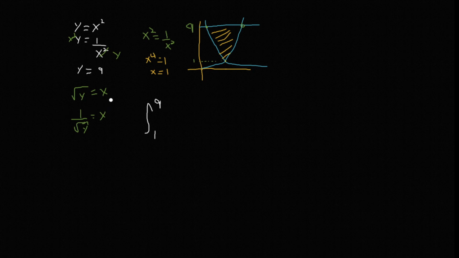Well, we have a square root function or a 1 over the square root function, and for anything above 1, the square root function is always going to be bigger. So we're going to look at the square root function. So we just have the square root of y minus 1 over the square root of y.